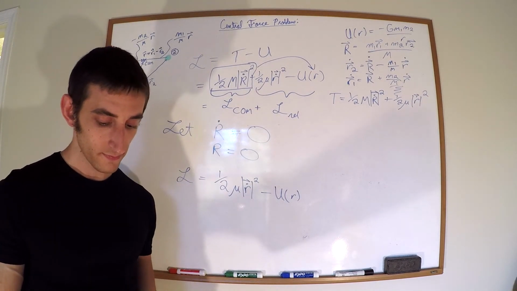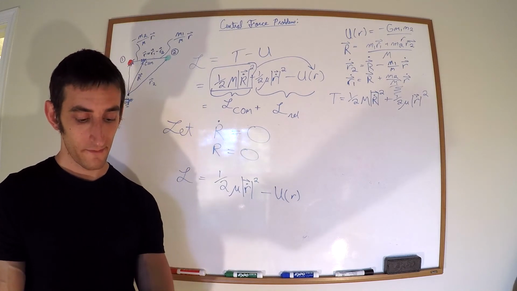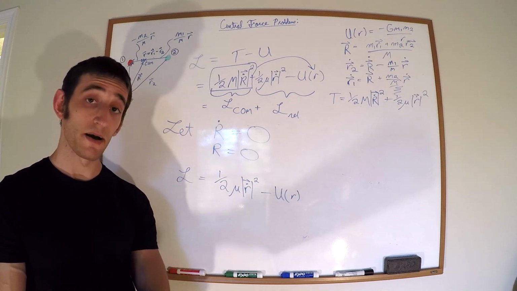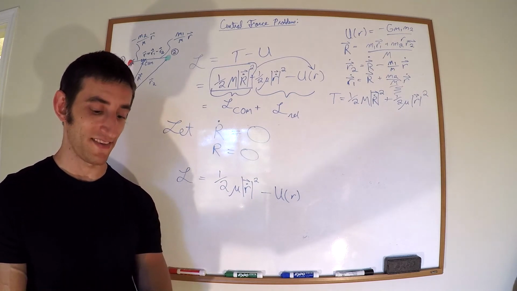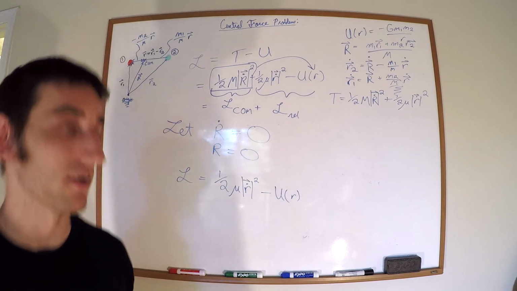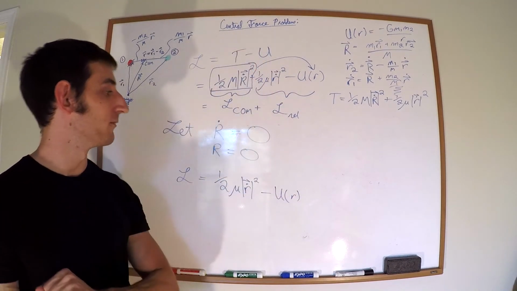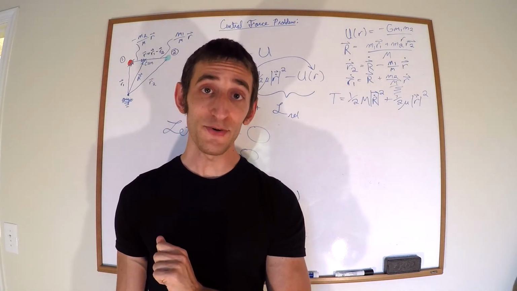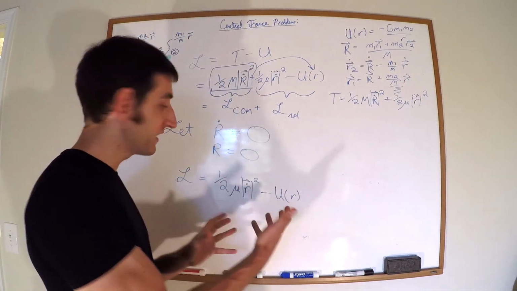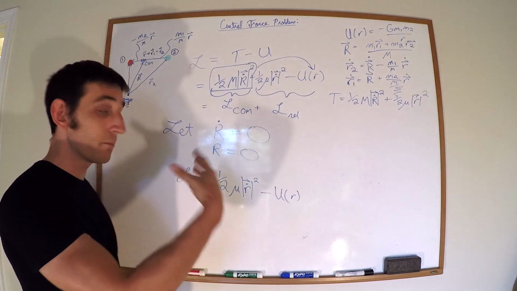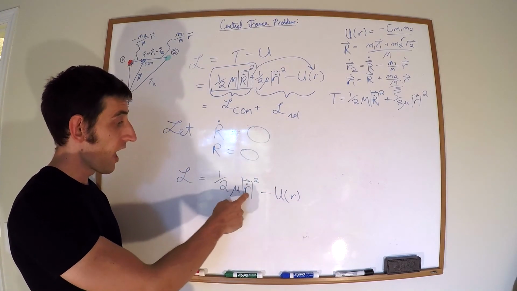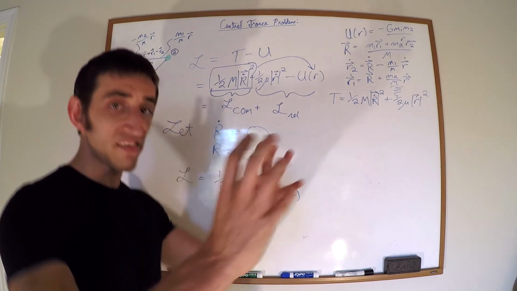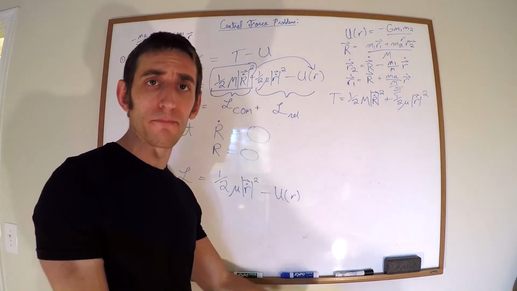What just happened? Think about it. This is a very big point. We reduce the problem down from a two-body problem to a one-body problem. How do we do that? This happened because we only have to consider one particle with mass mu and one position r. So we drastically simplified this problem.